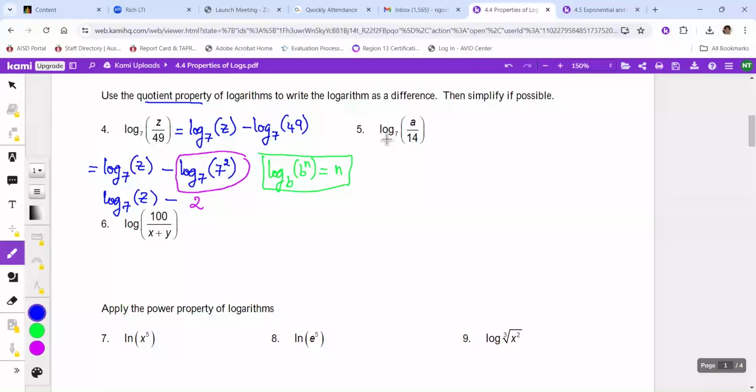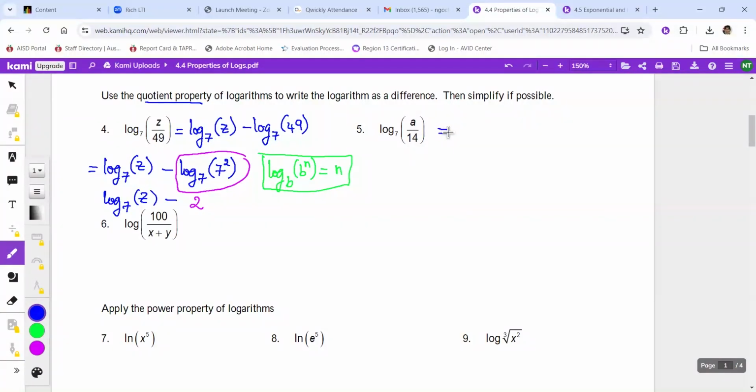Exercise number 5, log base 7 of the quotient a divided by 14. I want you to see the difference between exercise number 4 and exercise number 5. Exercise number 4 is z divided by 49, and 49 is a perfect square, 7 to the power 2 equals 49. Exercise 5 is exactly the same, except that it's a divided by 14.